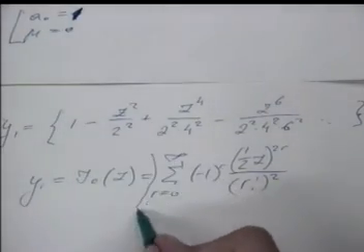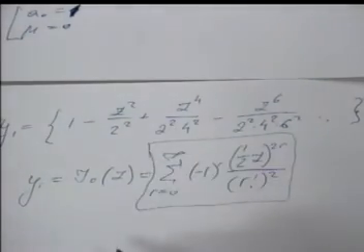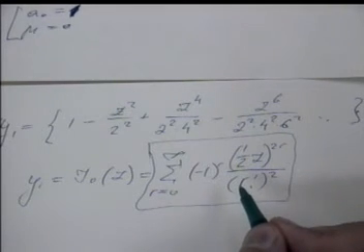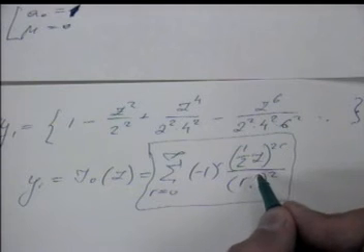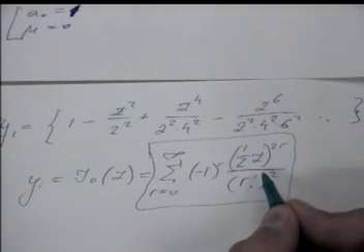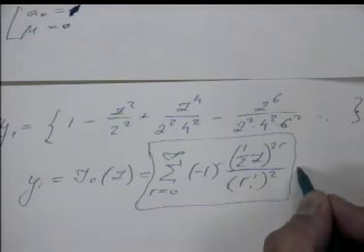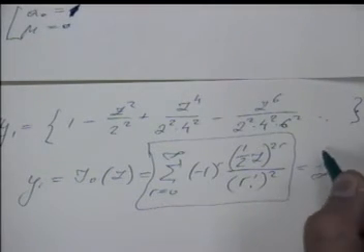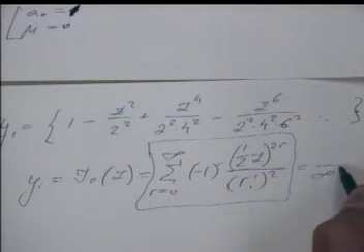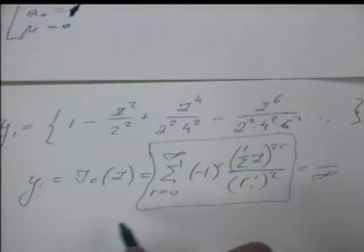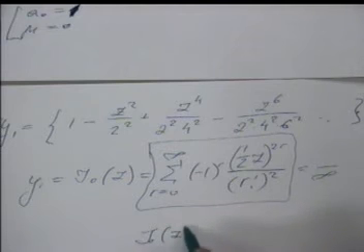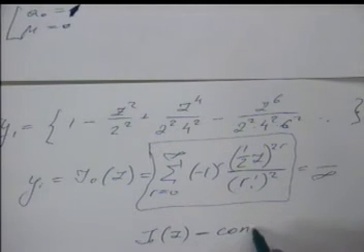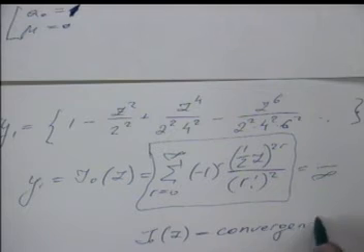From this one, we can make some conclusions. The denominator will go to infinity faster than the numerator, so the whole function is convergent.